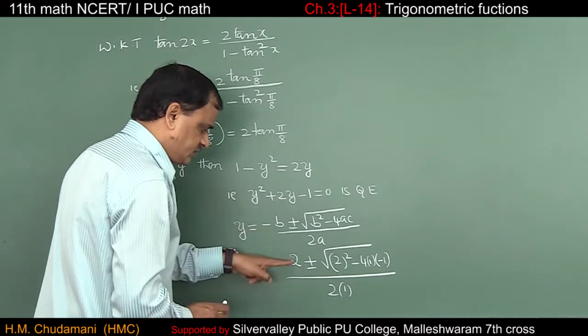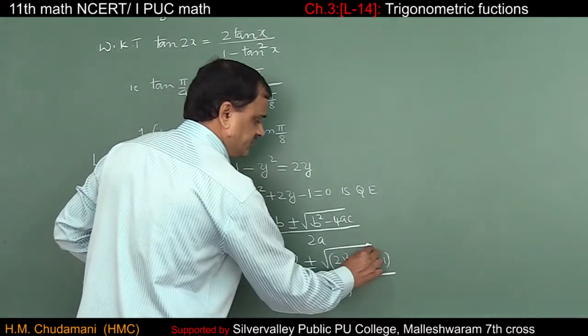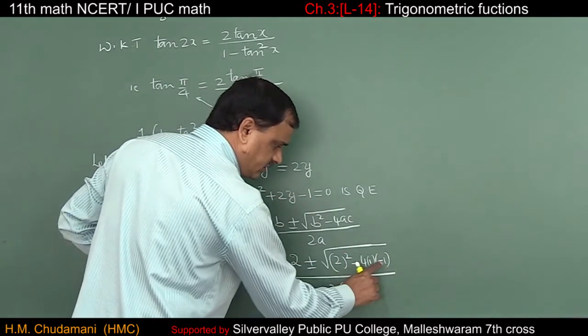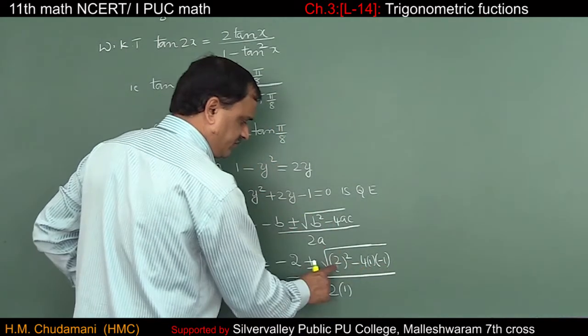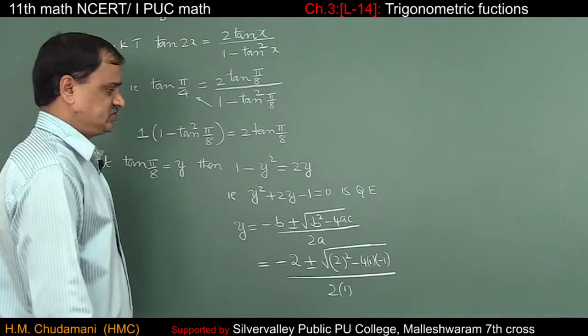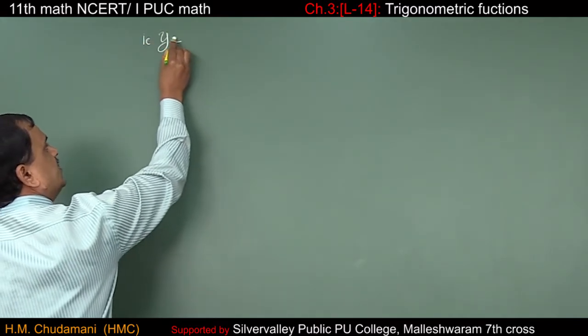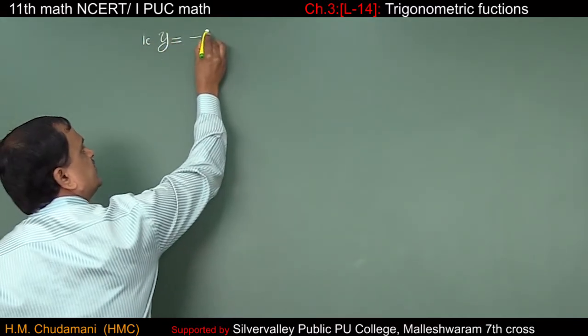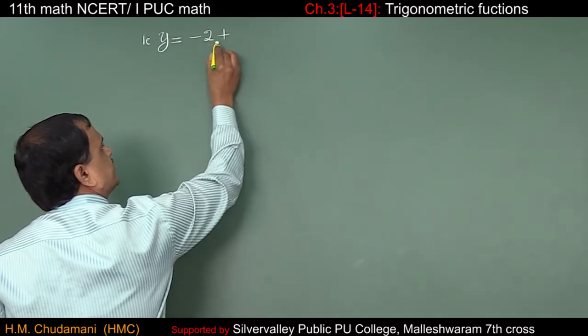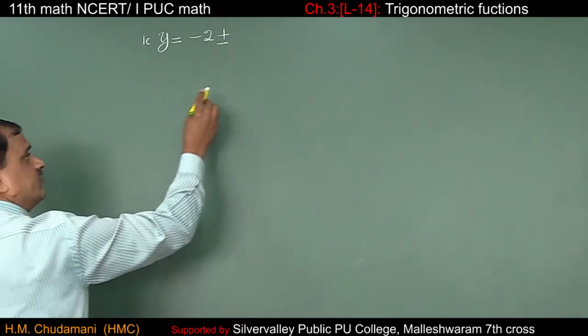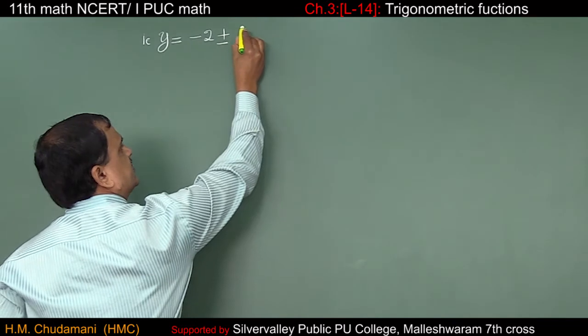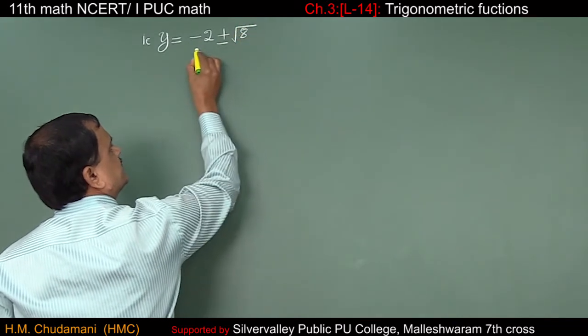So minus of minus plus 4, 4 plus 4 is 8, that is y is equal to minus 2 plus or minus root 8 divided by 2.